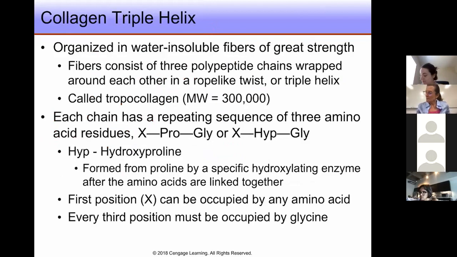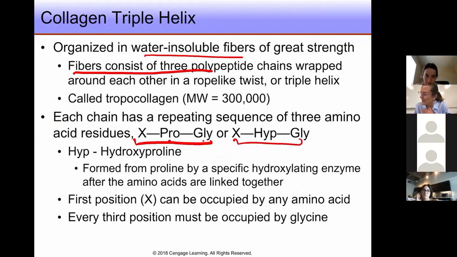Collagen is a fibrous protein, and it is a triple helix. It's water-insoluble fibers. They consist of three polypeptide chains that wind around each other, and the repeating amino acid sequence is X-Pro-Gly. X can be any amino acid, followed by proline, followed by glycine, or X-hydroxyproline-glycine.